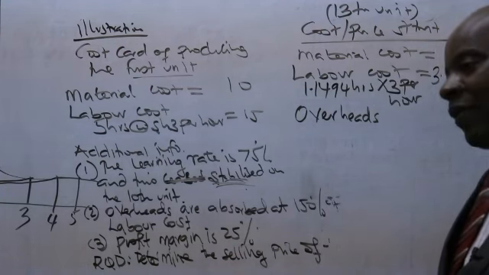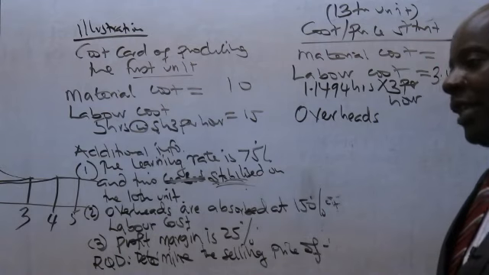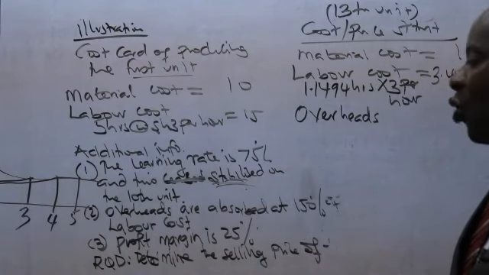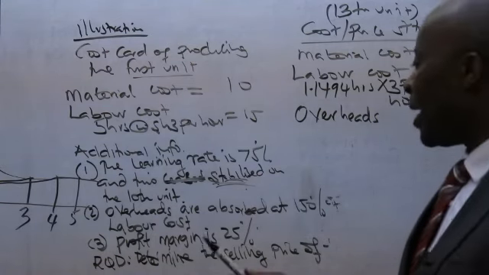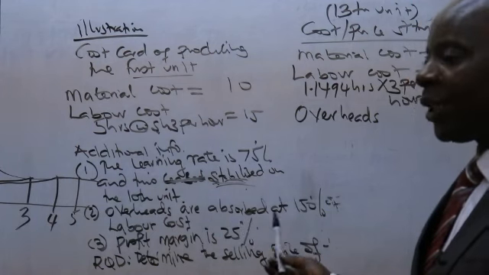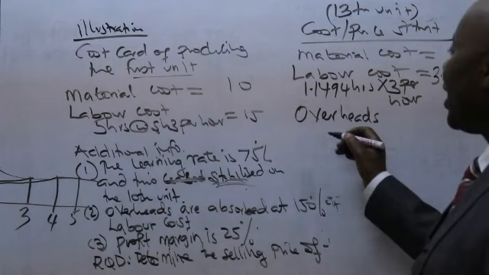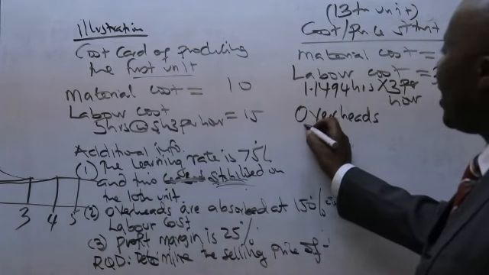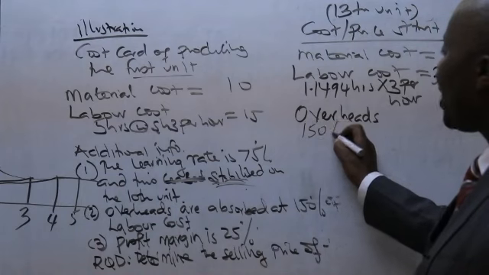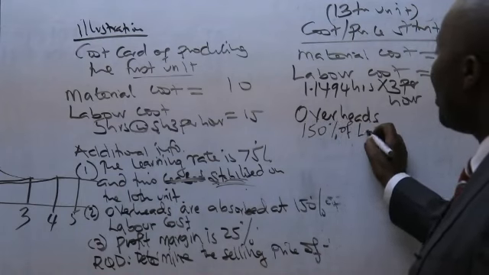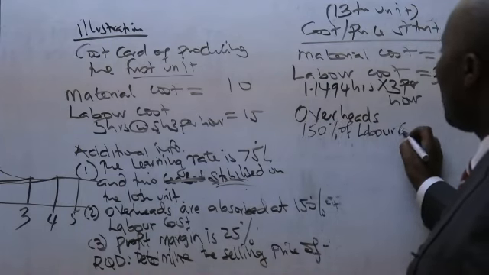This time around, they never gave you a figure, but they gave us how to absorb. They told us that overheads are absorbed at what rate? At 150, what Catherine is telling me. So overheads will be 150% of labor cost.